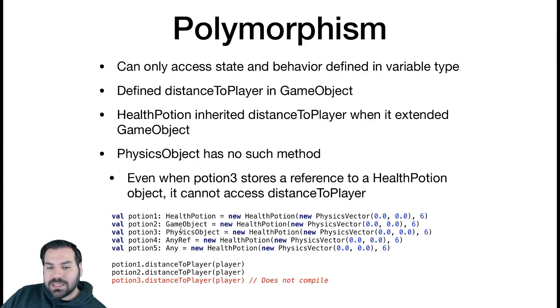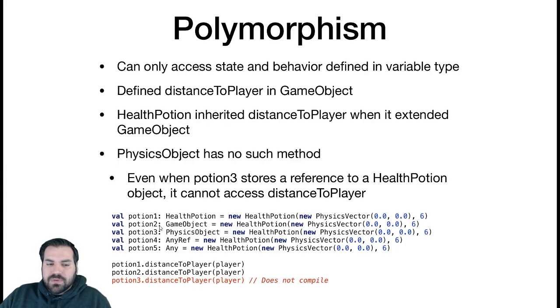That's inheritance from last time. In the game object class, since this class defines the distance to player method, if I have a variable of type game object that stores a health potion or a dodgeball, we can still access that distance to player method because it's defined in this class.